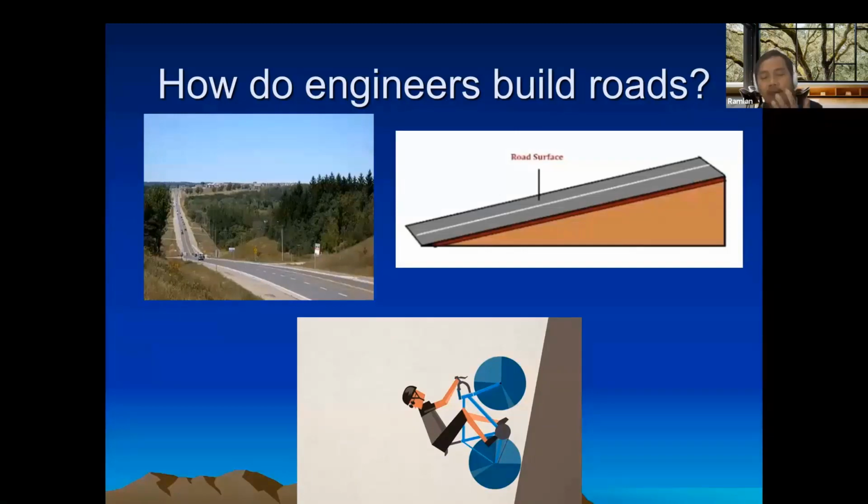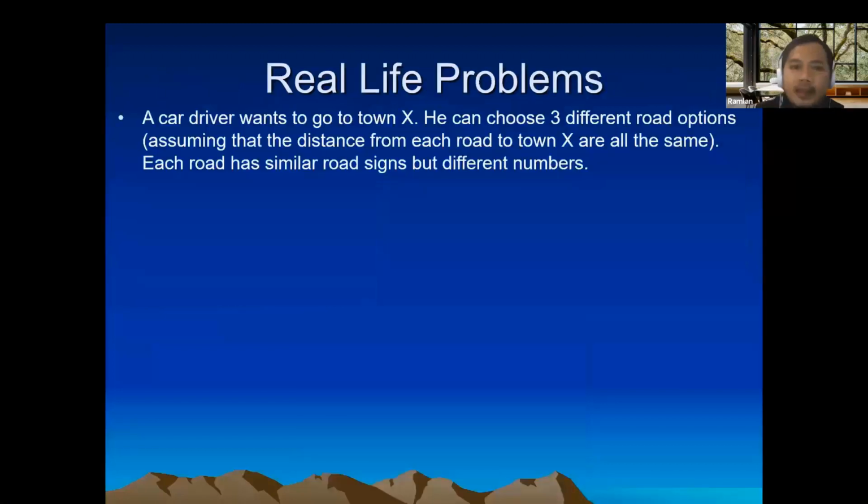Okay, guys. One of the uses of learning this slope or gradient is this one: how they build roads, how we build something that has steepness, to ensure that we're safe on the road, right? Okay, this is a real life problem, guys. Let's say a car driver wants to go to town X, and this guy can choose three different road options.